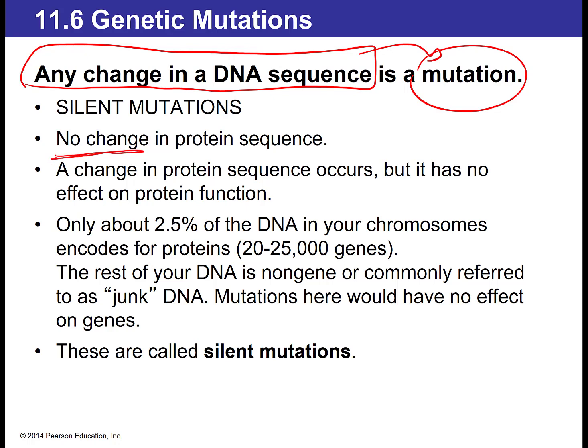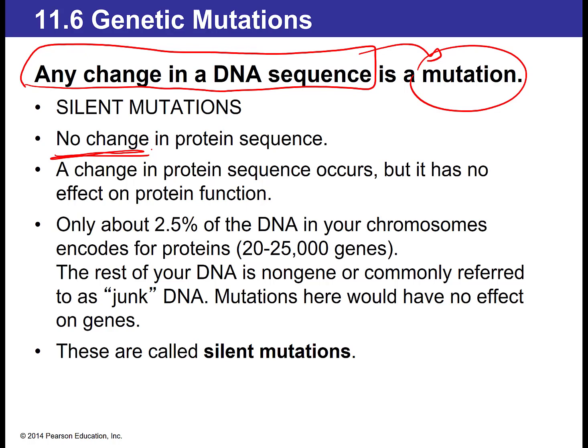So if there is no change in your protein sequence, then clearly it won't affect your life. On one of your chromosomes, you may get a mutation where a GC becomes AT. But if it's not in a gene, it's not going to change anything. But it does add to genetic variation.